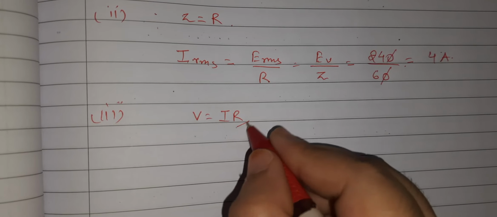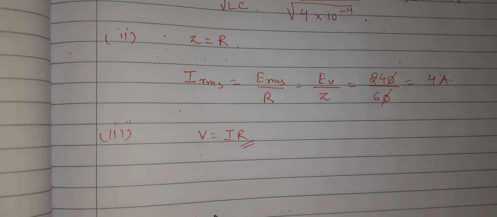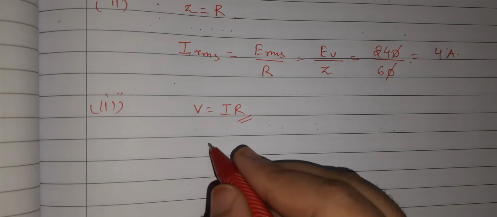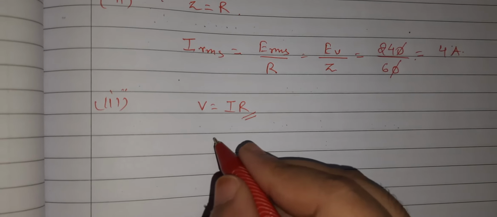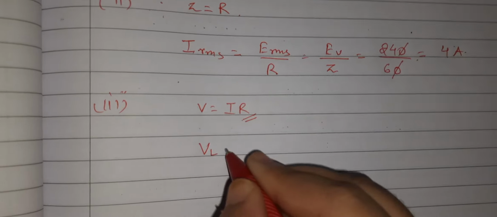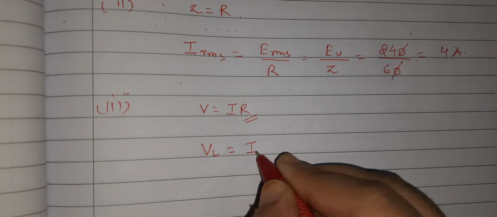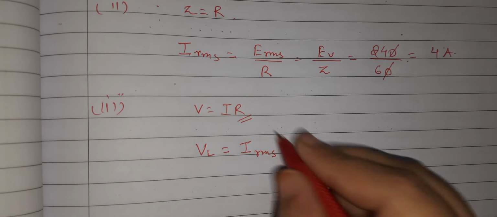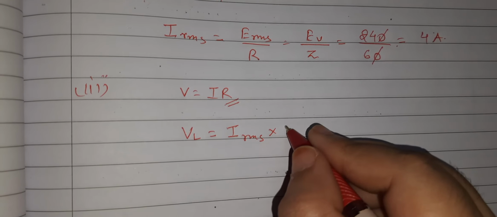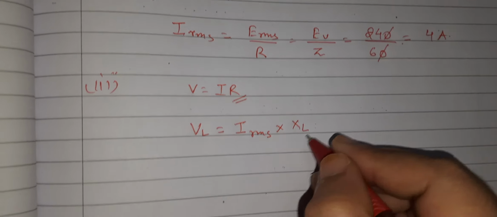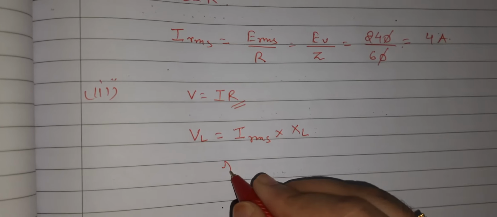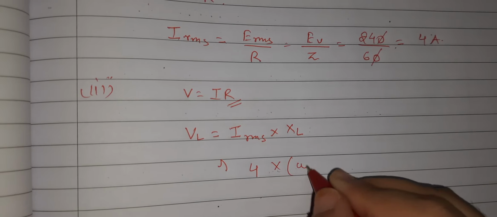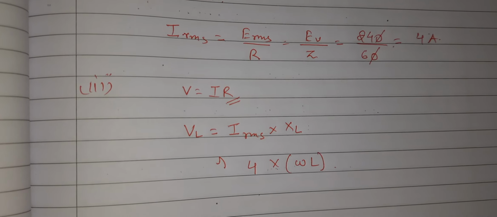But this time we are talking about the inductor when resonance has been achieved. So VL across the inductor can be written with the IRMS value in place of I, and in place of R I have to use the inductive reactance, that is XL. IRMS will be equal to 4, which we just found, and XL can also be written as omega L.